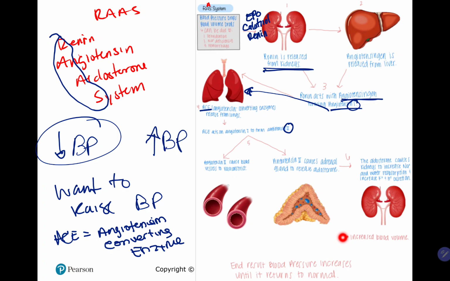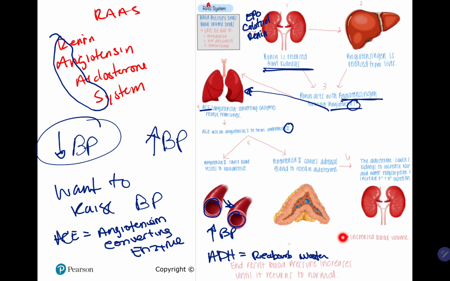So it's going to be a powerful vasoconstrictor. It's going to constrict your blood vessels to raise your blood pressure, number one. It'll go to your hypothalamus and tell your hypothalamus to release ADH, so we can, again, reabsorb fluid, water.